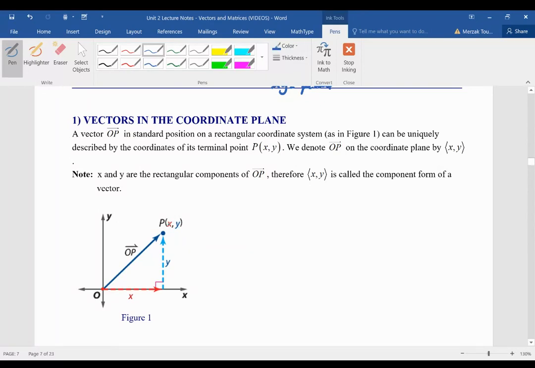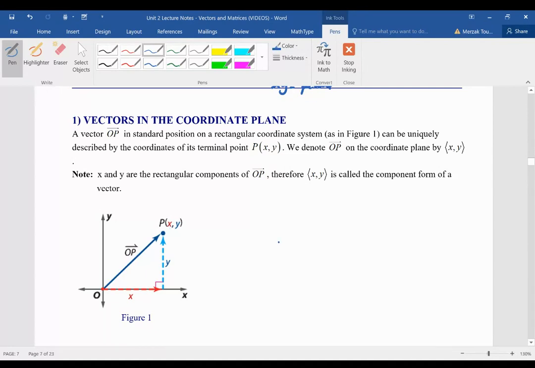So the x will indicate the value of the x component, and the y will indicate the value of the y component. We know that every vector has two components, one horizontal, one vertical. And those two components will have the magnitude and a direction.